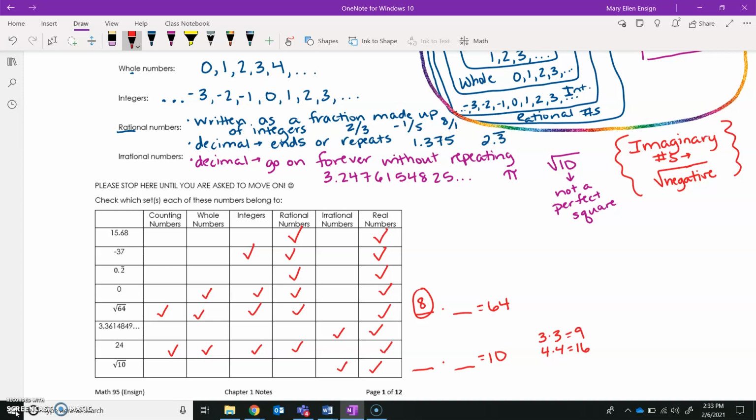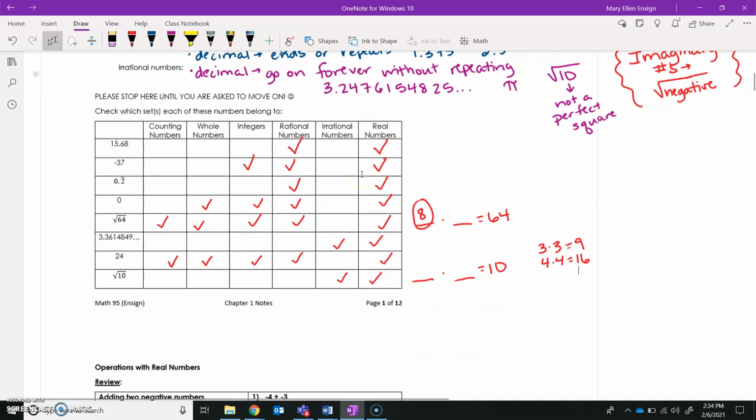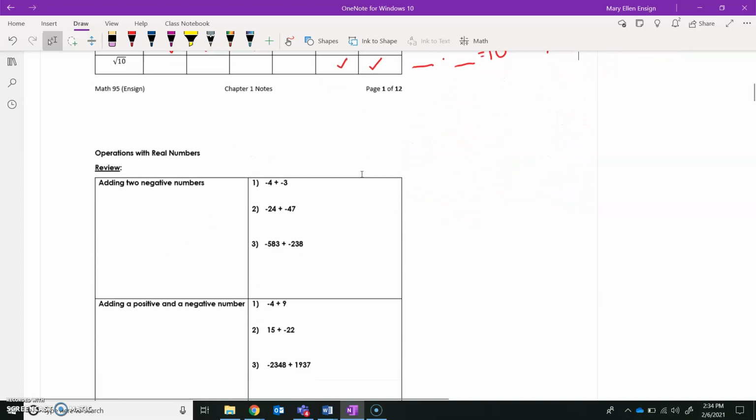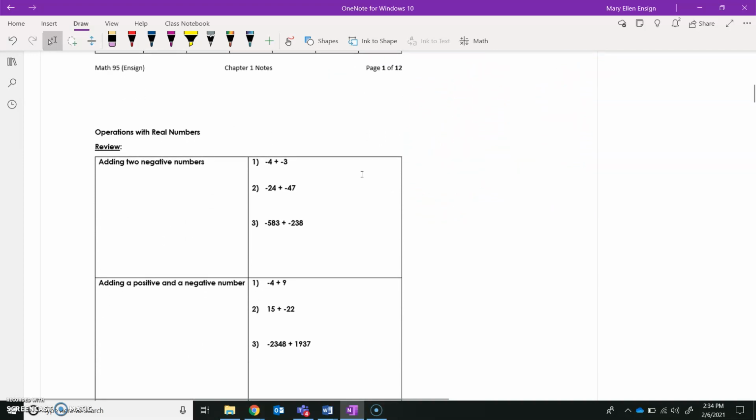It's going to go on forever without repeating. That is an irrational number. So a square root could be either one, depending on whether the answer to it is an integer or an irrational number. Okay, so let's move on. Now with any of these, if you have questions, just jot down where your questions are, and then you can ask me either in class or on office hours or anything.